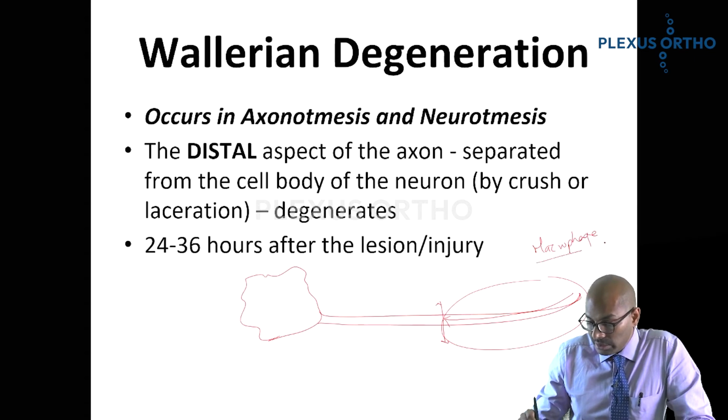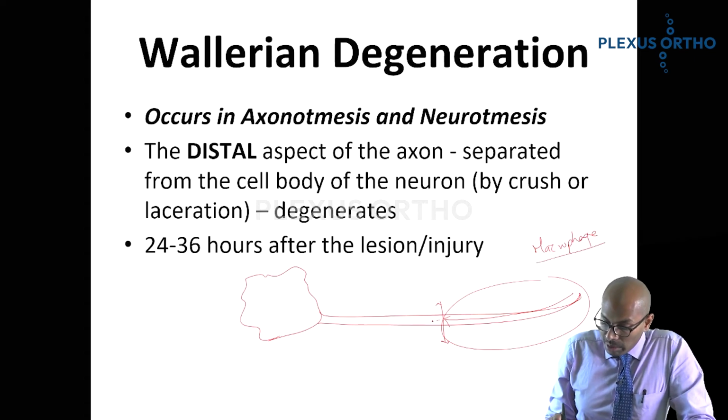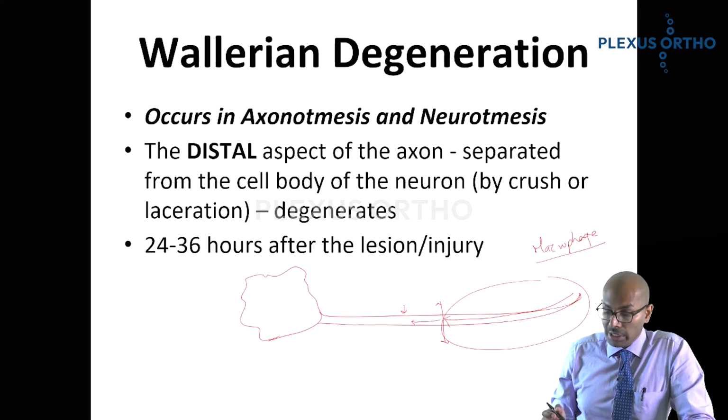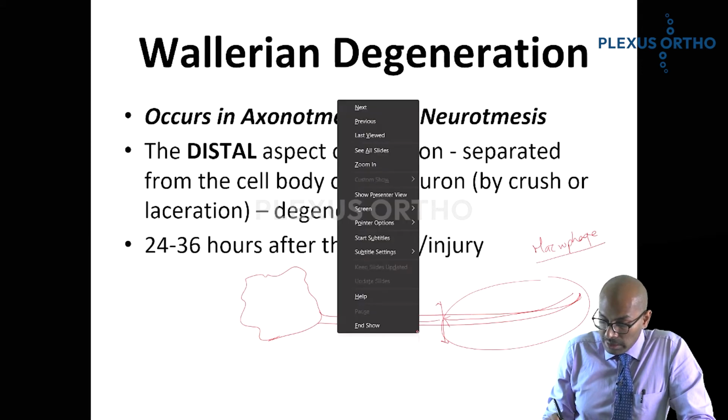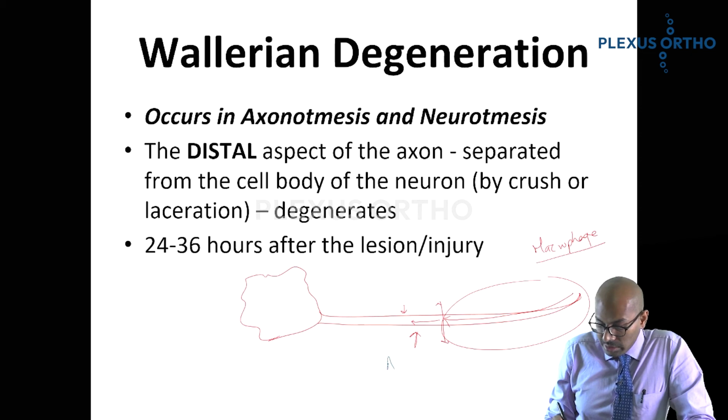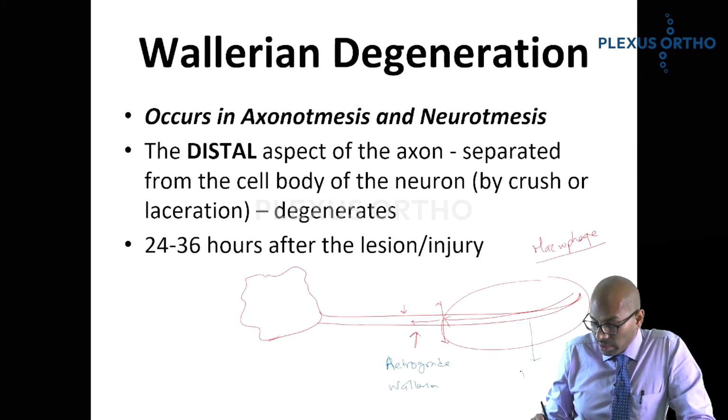This also happens one node of Ranvier proximally. Wallerian degeneration occurs, which is emptying of the endoneurium or the tube of the axonal components, and this is called retrograde Wallerian degeneration. The one which occurs distally is called antegrade Wallerian degeneration.